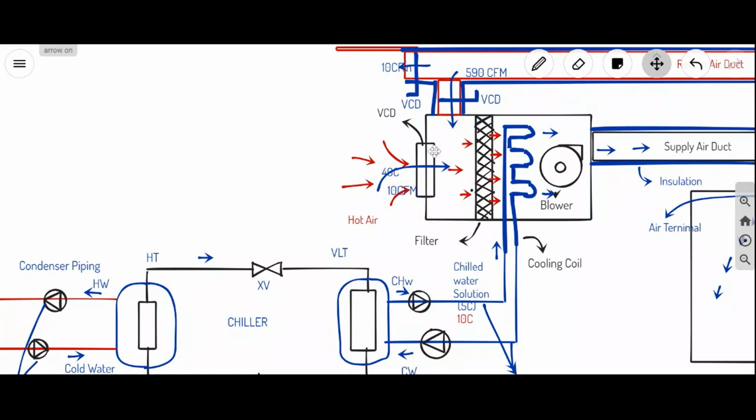Whenever the air comes in contact with this coil, it first cools. While cooling, the water vapor present in the air gets converted into water droplets. That means the water vapor level in the air is decreasing, which is called dehumidification. The water which is collected here is drained out using a drain pan or drain line.